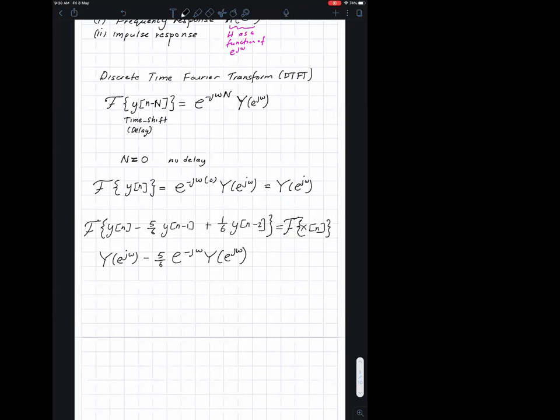The next one is going to be plus 1/6 e to the minus j2 omega, times Y of e to the j omega.